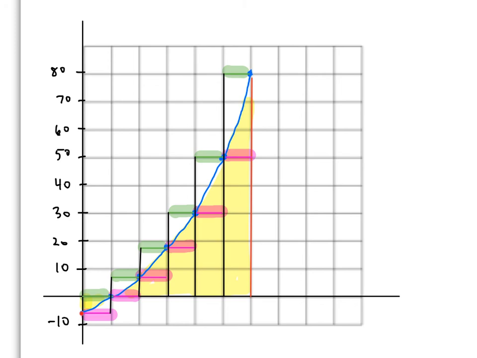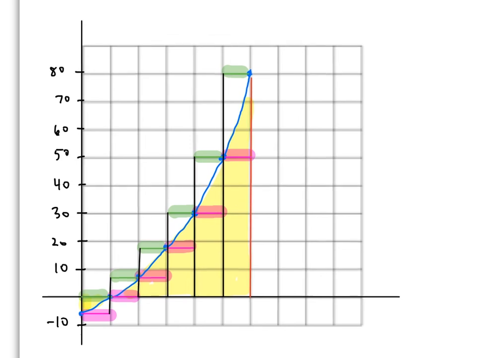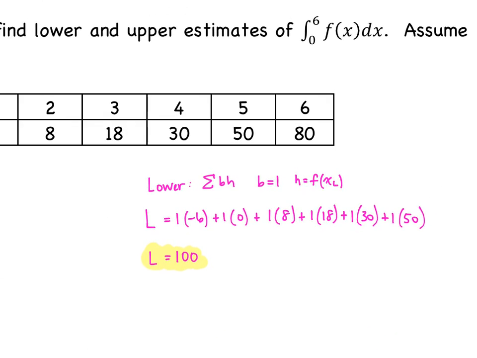So our first rectangle, the x value is going to be 0. The second rectangle, we're going to have 1. The third, the left side, is going to be when x is 2, etc. So when we do this, you should see that our lower estimate is going to be 1 times negative 6.